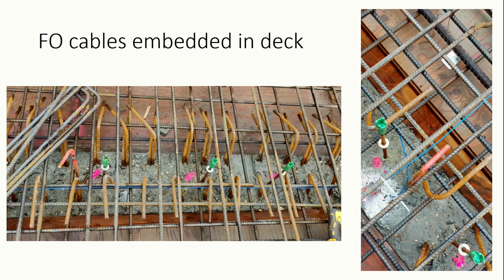It's also non-corrosive and immune to electromagnetic interference. It's also suitable for harsh environments, such as the pouring of concrete, which it can survive without issues. Actually, the more critical part is when the construction is happening, because some issues could occur that could break some cables, but once the cables survive the construction, they are very safe inside the concrete matrix.